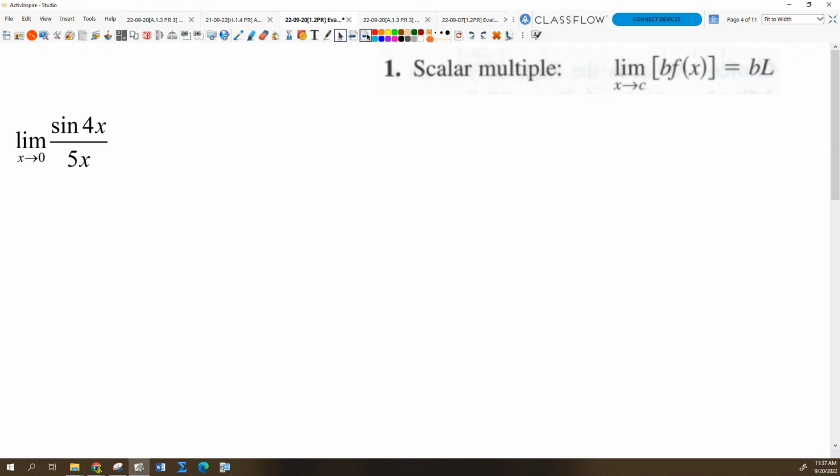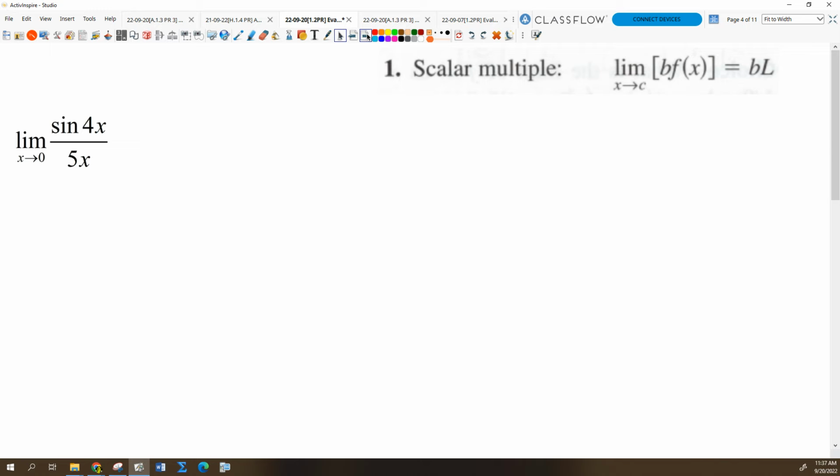Multiplying by 4x over 5x means I'm not multiplying by 1. So if I don't multiply by the multiplicative identity, I'm changing the problem. Can't do that, right? We just want to simplify the problem. If I multiply by 5 over 4, again, I'm going to change the value of that limit because I'm multiplying by something other than 1. You guys are on the right track, though. Okay, you could do that. 5/4 over 5/4 is equal to 1. You could do that. That's fine.